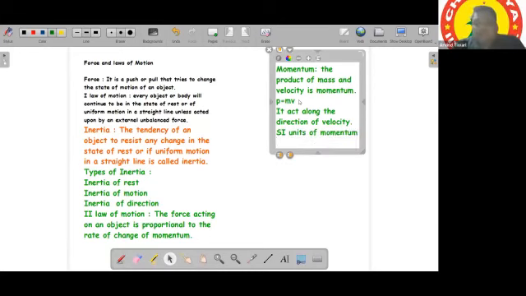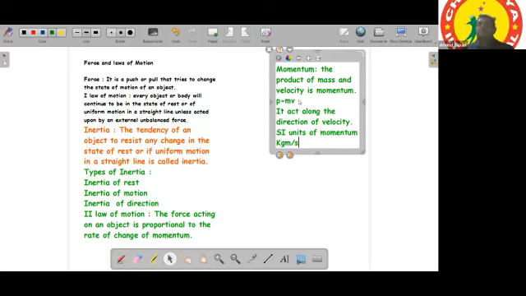No. Weight is not one of them. Okay. Can you see the screen and tell what is the SI unit of momentum? Kilogram. Kilogram meter per second. Okay. So Chavan, you are not paying attention now. Is that the only SI?